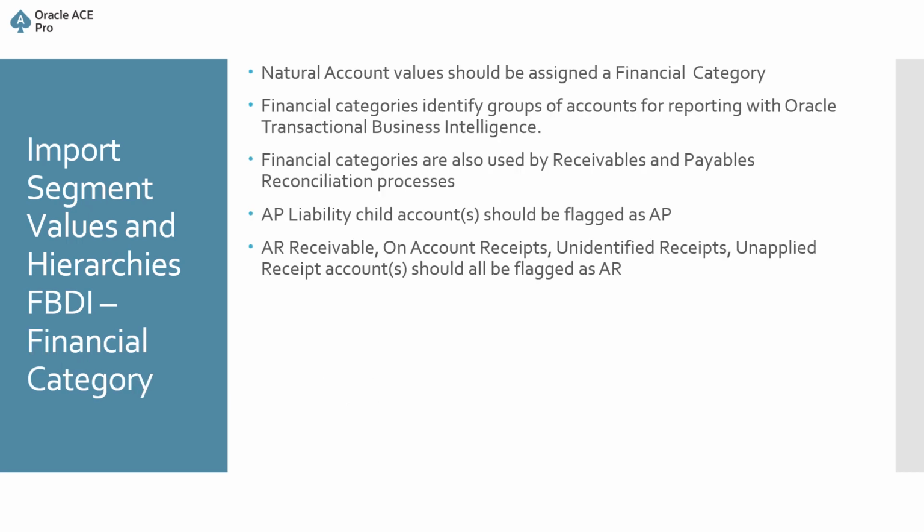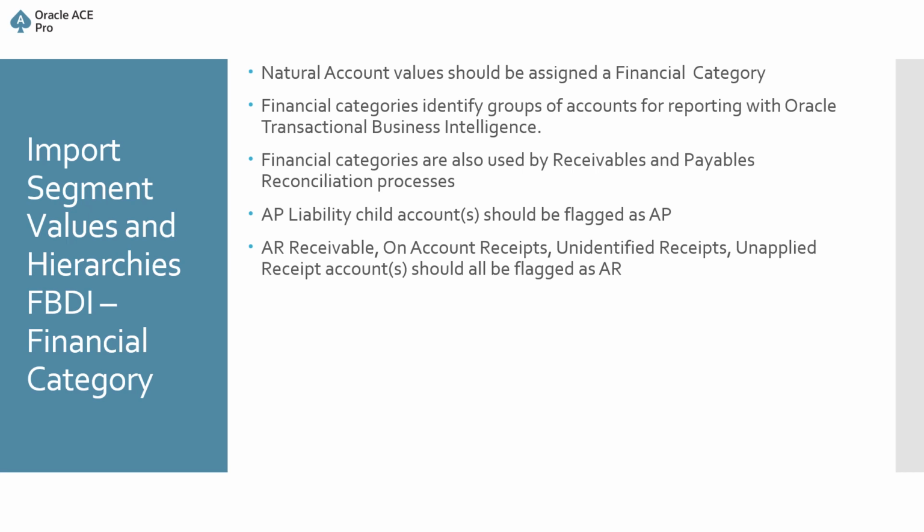Thanks, Lee. Okay, so from our natural accounts, there is a column out there for financial category. You've got to fill these out at least for the key reporters. I'm a big proponent of using the financial category for all my natural account values. These financial categories will allow you to identify groups of reports, primarily for OTBI. Now, the area you're definitely going to use them in, if you're using accounts payable or accounts receivable, is that financial categories are used by those two processes to identify what is the accounts receivable account and what is the accounts payable account.